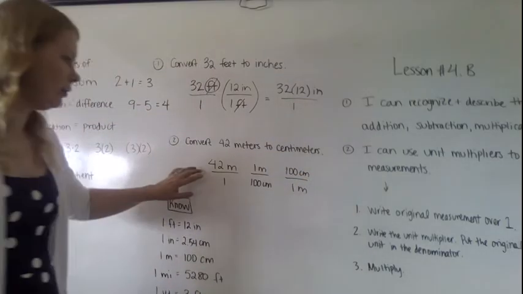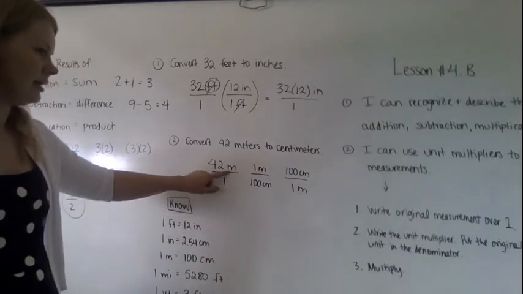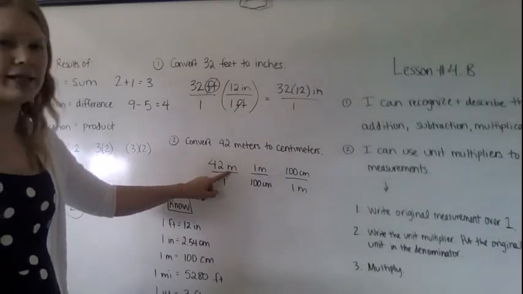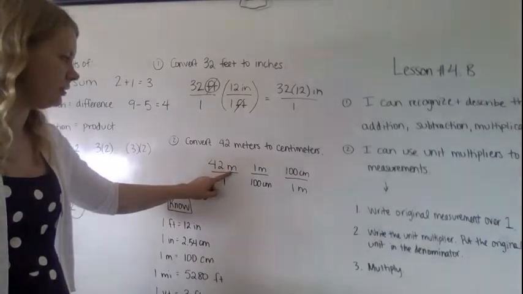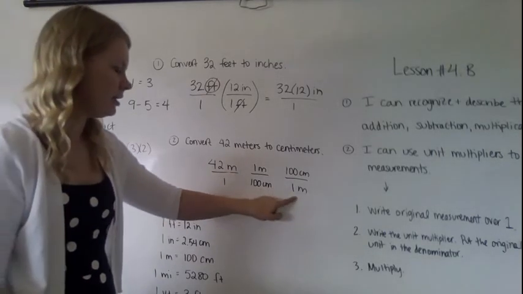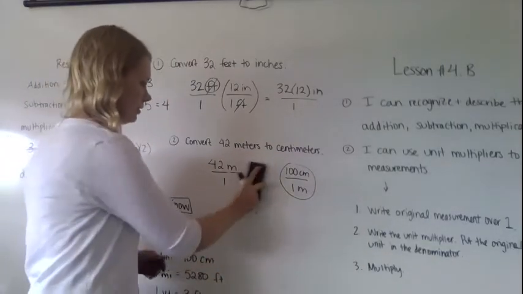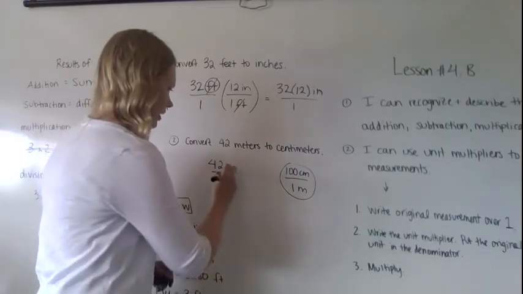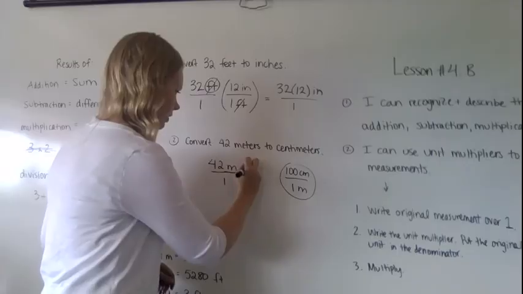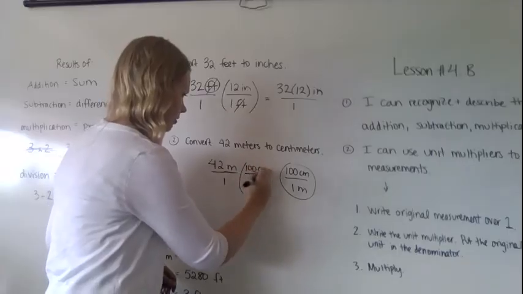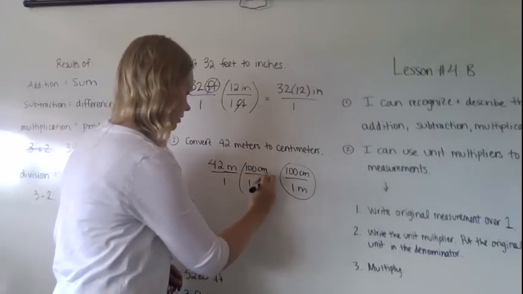And now I need to look at what is the original unit and place that in the denominator. So the original unit is meters, and this is our option that has meters in the denominator, and so that's the one that I'm going to write as our unit multiplier, 100 centimeters over 1 meter.